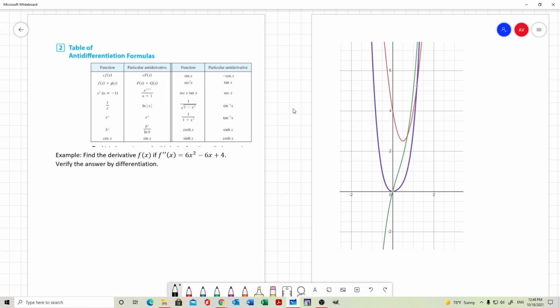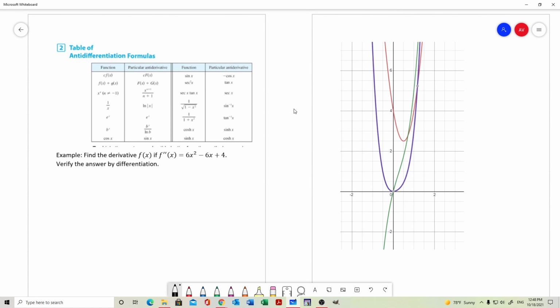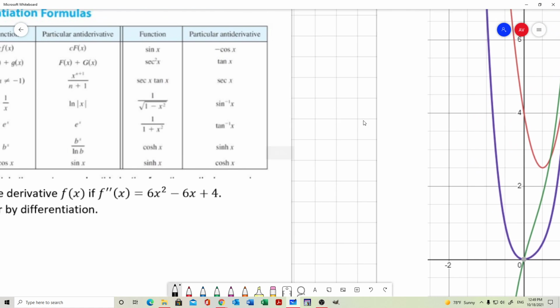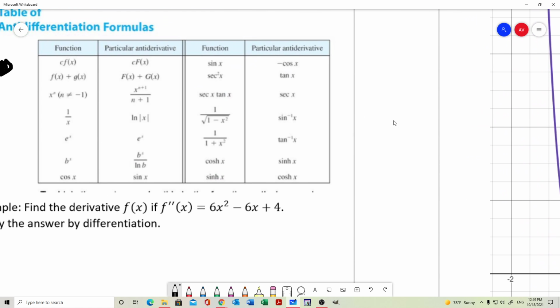I would like to move on. Here is the table of anti-differentiation formulas. Let me zoom in on it. So if the original function is a polynomial, then the particular antiderivative will be computed using the power rule formula.